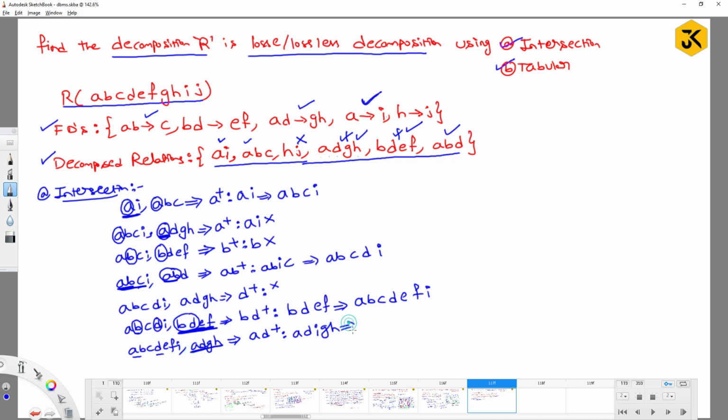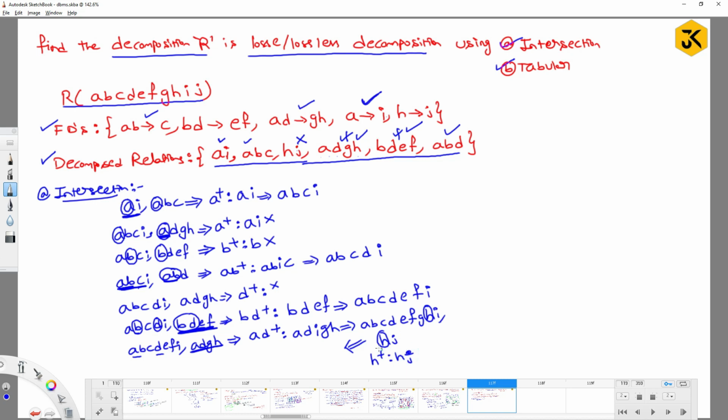So I can say that I can combine A, B, C, D, E, F, G, H, I, and we have to get the other one. So you can simply combine with the HJ. But to combine with HJ, you have to find the common thing, H. That should be a candidate key. What is H closure? H closure is HJ.